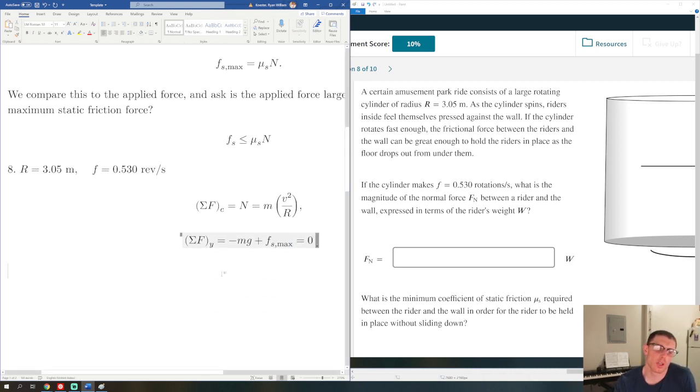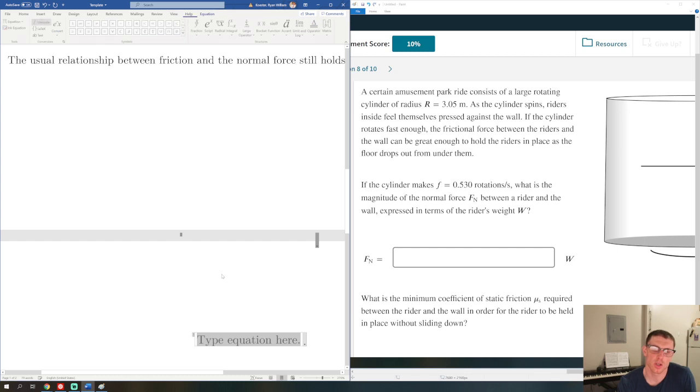So we can use the usual relationship between friction and the normal force here. I'll just say it still holds.